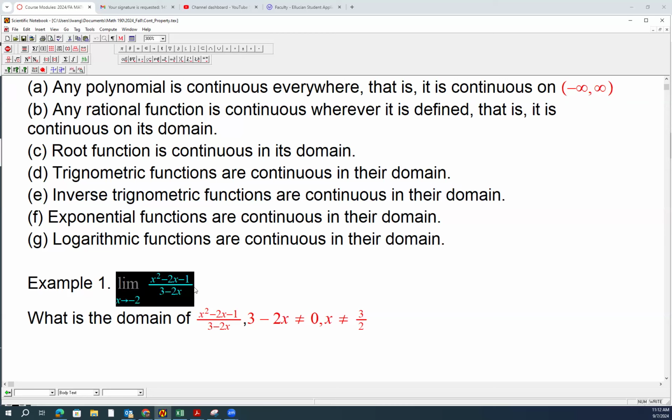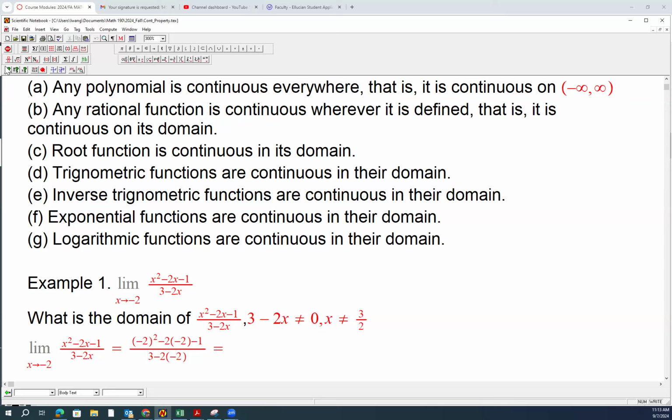And therefore, to find the limit is just a simple direct substitution. We just directly substitute, drop the limit sign, and replace x by -2 everywhere x showed up. So we found the limit already.